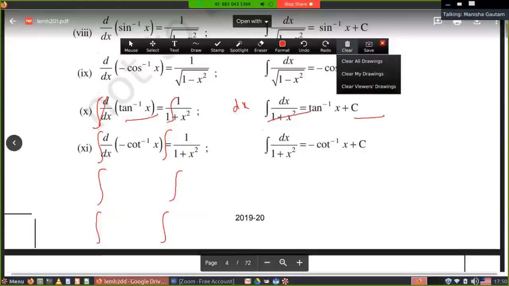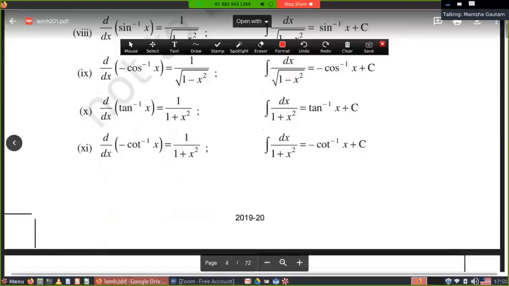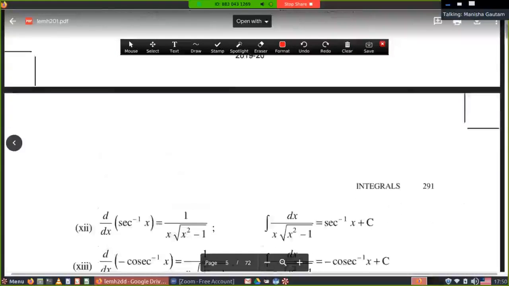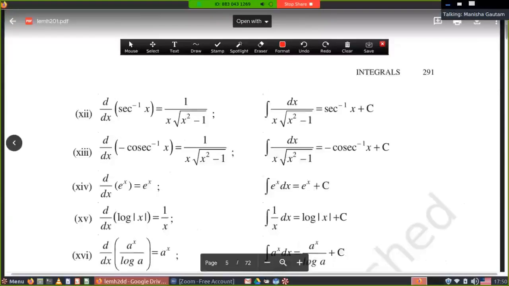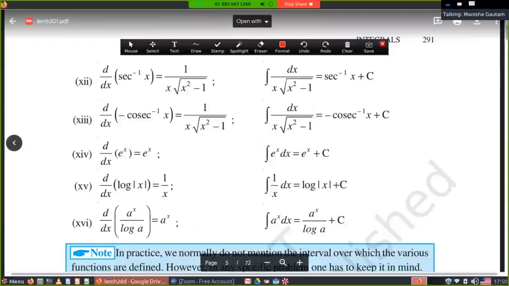This is the task for you. First, you have to learn all these formulae which are given. I think 16 formulae are here which you have to learn. These are basic formulae. If you don't know these formulae, you can't proceed with the questions of integration. Learn these formulae.